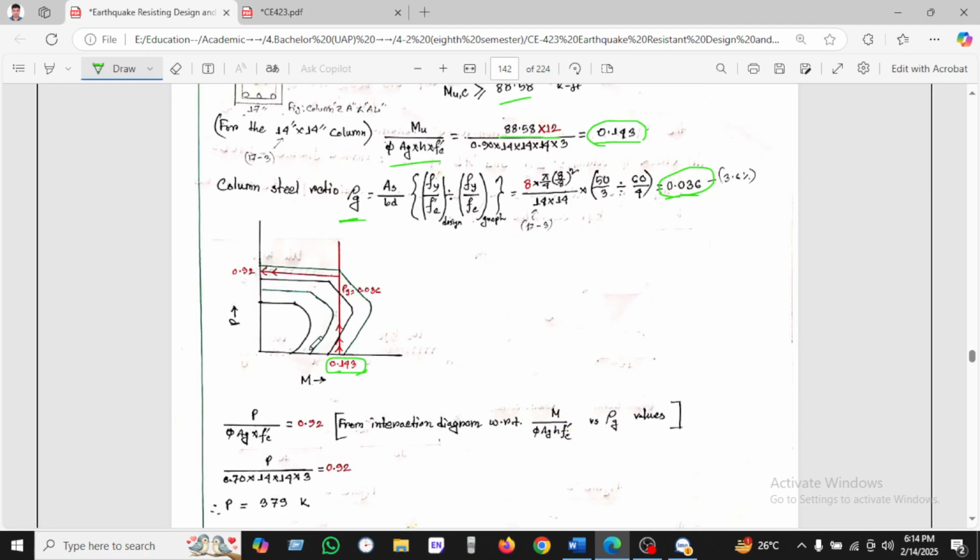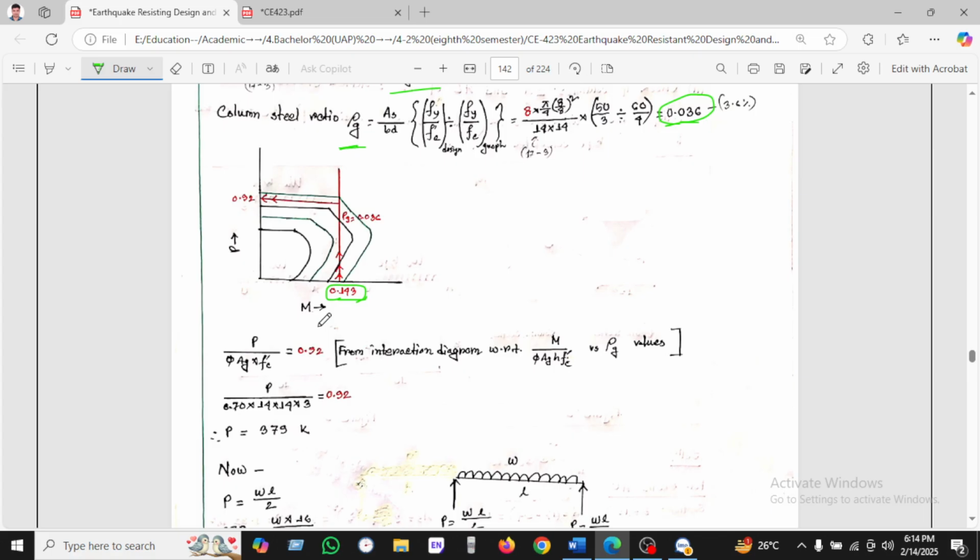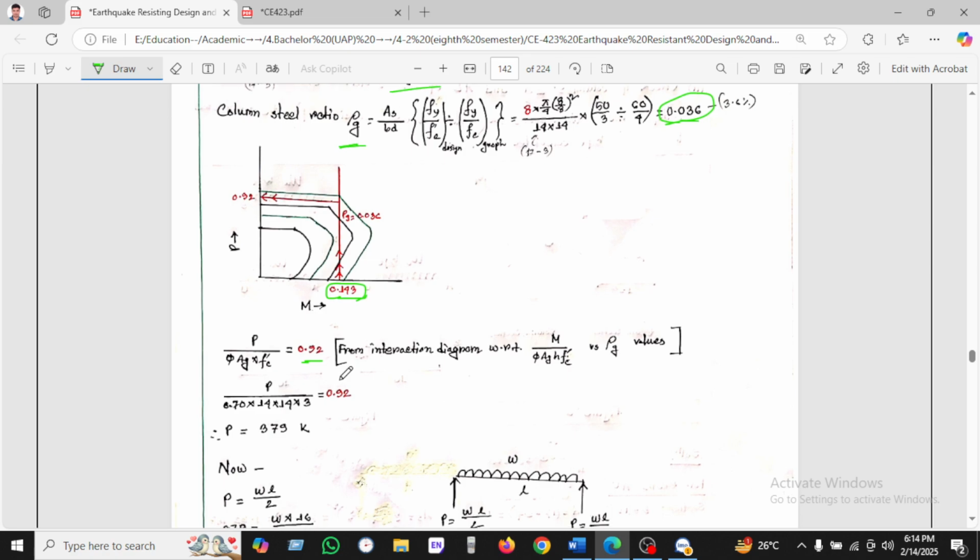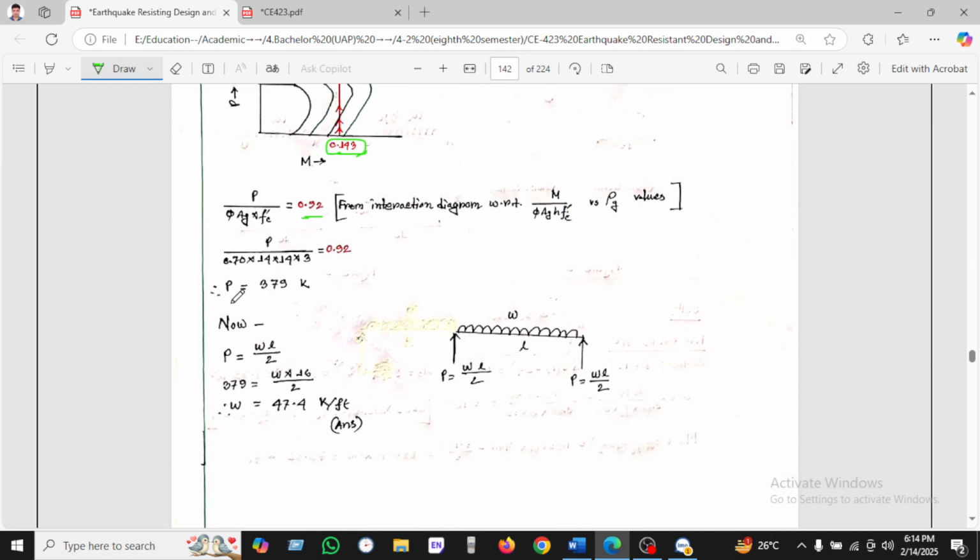In this way we found 0.92 from the graph, and putting this value we found the P value of 3.379 kip.